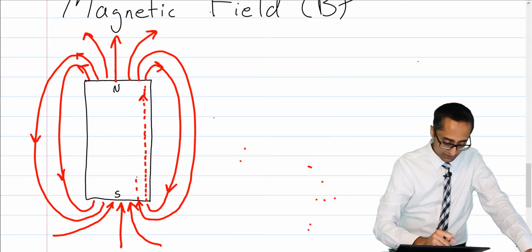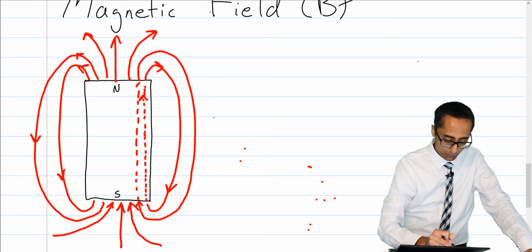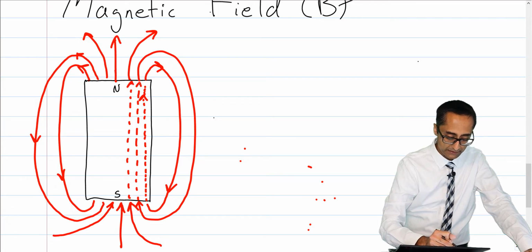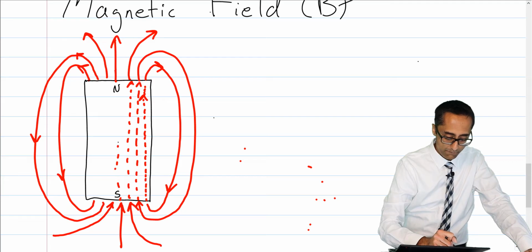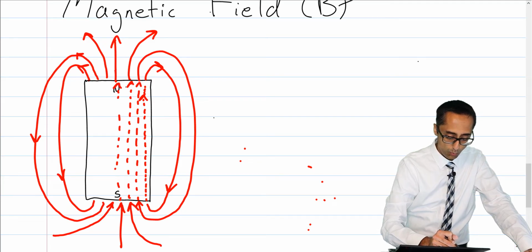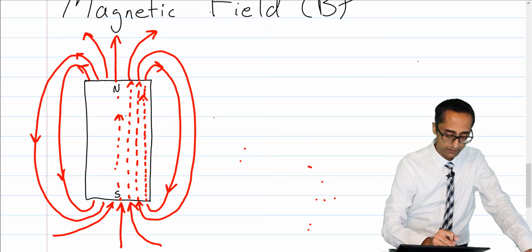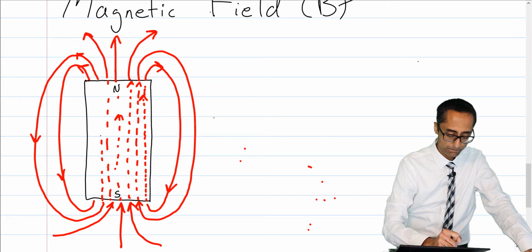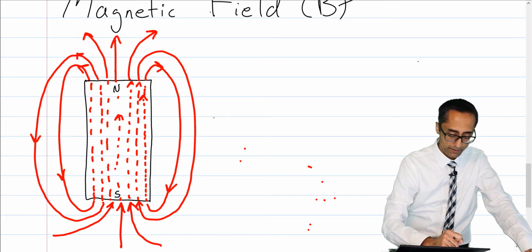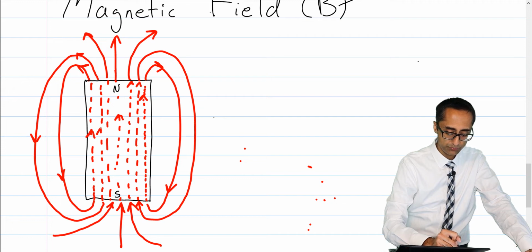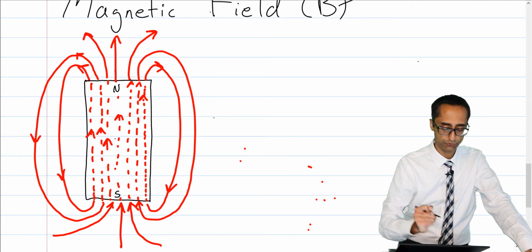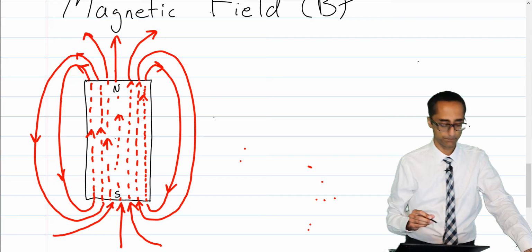And so this one here would go up there, this one would go like this, and they're basically straight lines of magnetic fields within our object. And they close those loops as full circles.